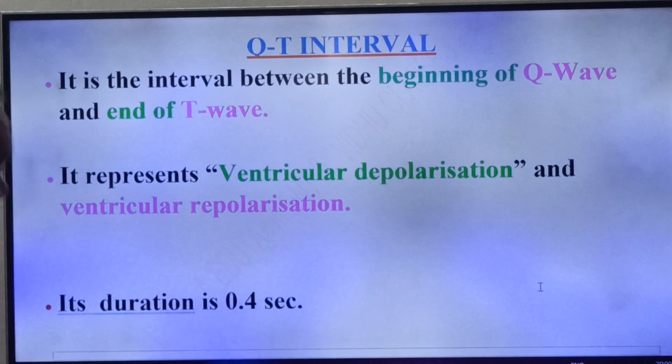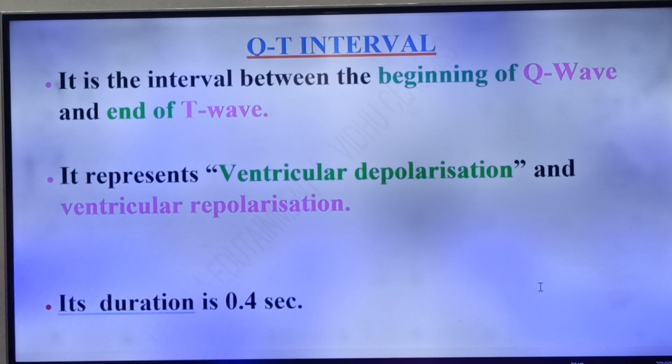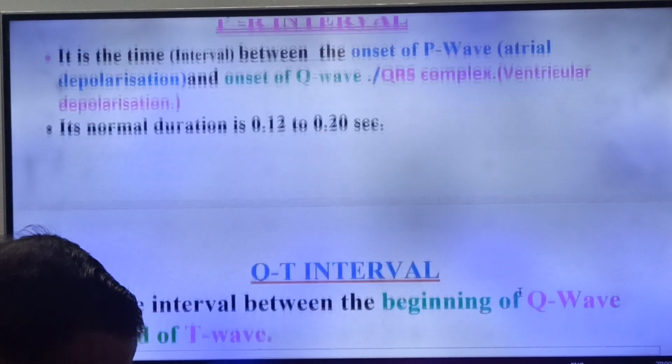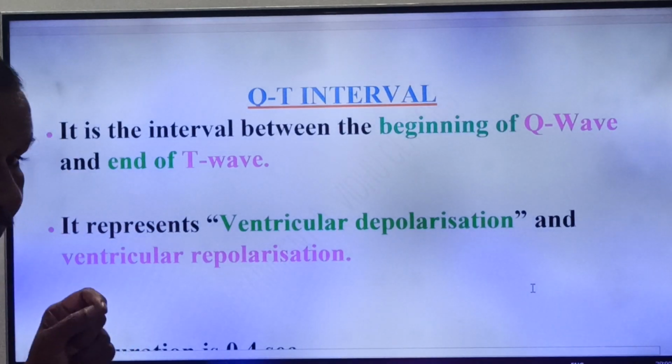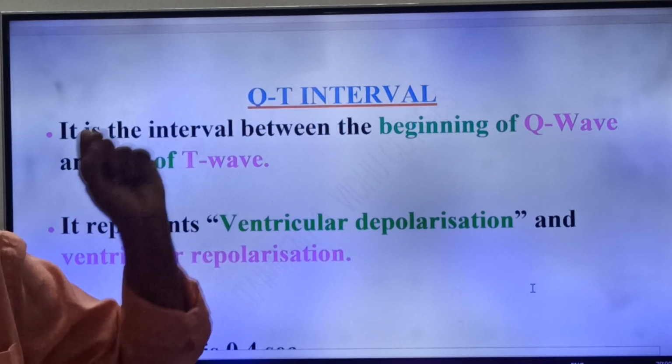Now come to QT interval, friends. It is the interval between the beginning of Q wave and the end of the T wave. In the PR interval, both points are beginnings only. In the QT interval, one is the beginning of the Q wave, another is the end of the T wave.